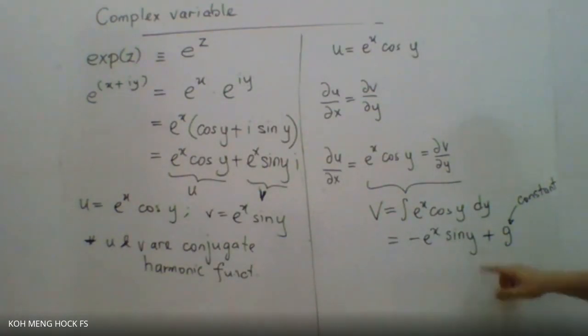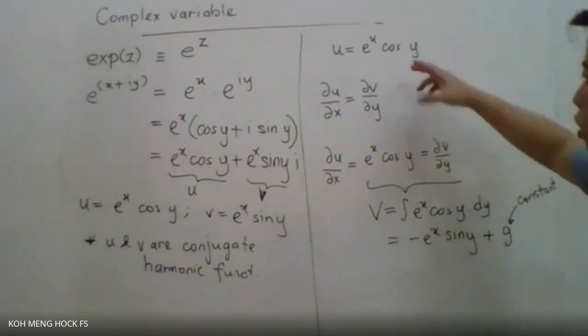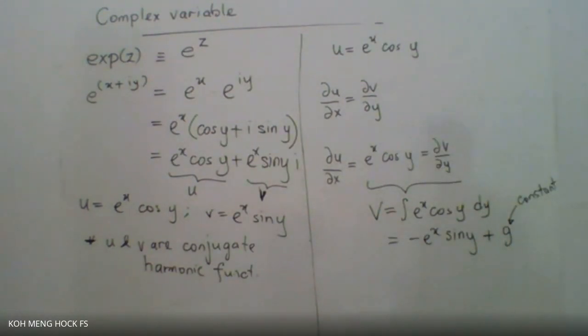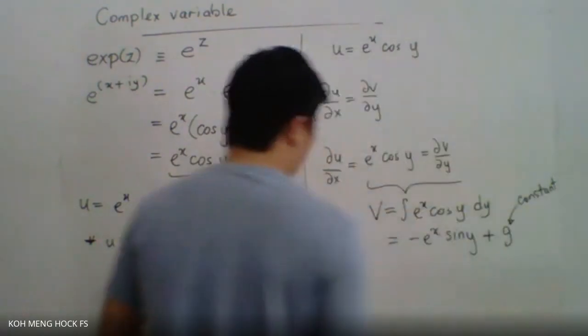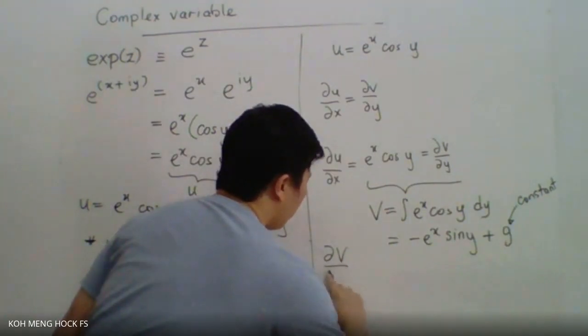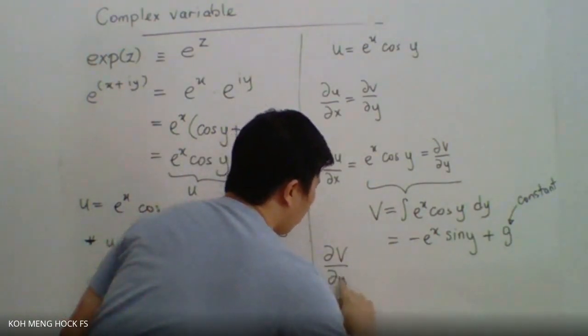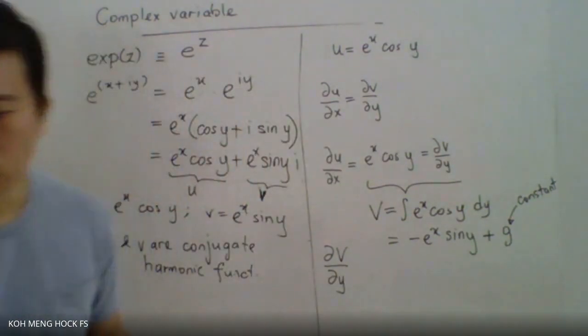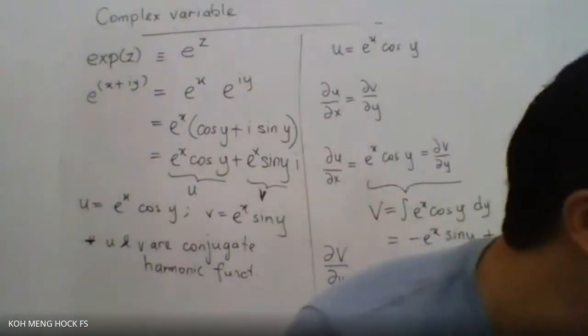When I have this, I want to find g. I use the second condition, that is the partial derivative of v with respect to x.